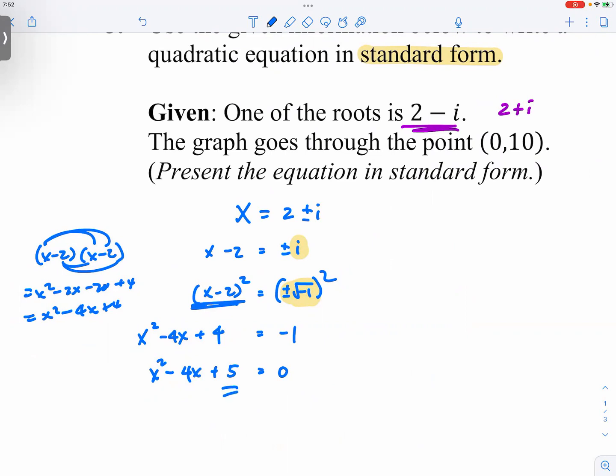If you look at the equation, yes, this is a standard form, but the C value is 5. But if you look at the given information, they actually give you the y-intercept of (0, 10). The reason they are different is because we still have something to take care of, which is our a value.